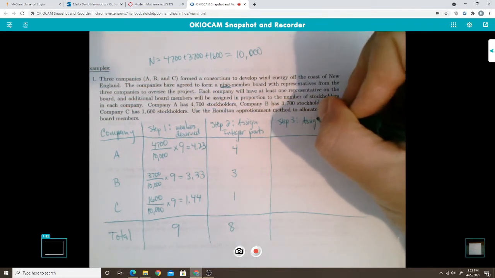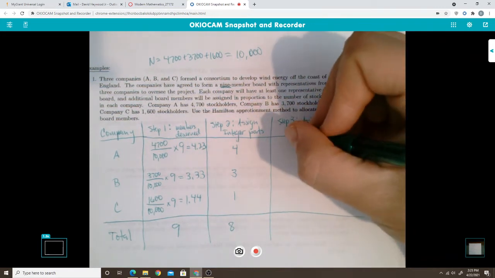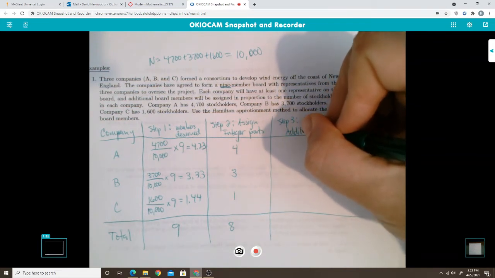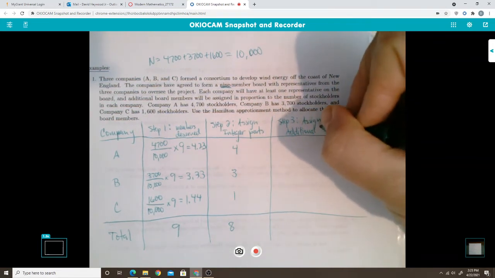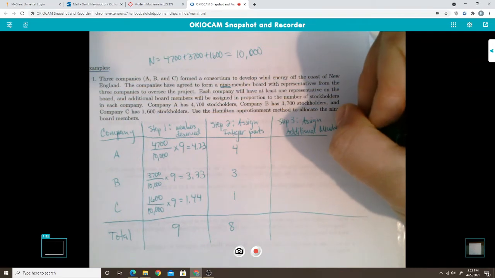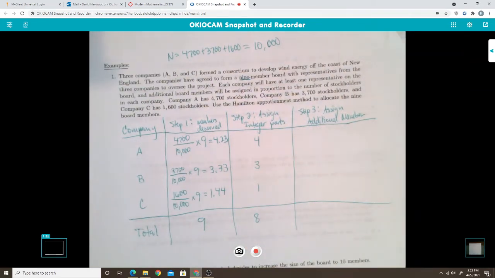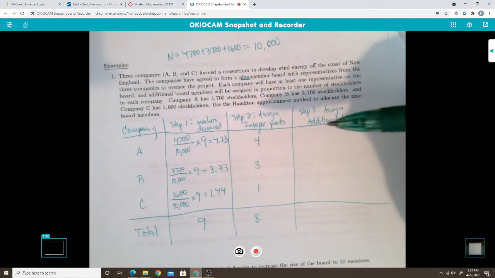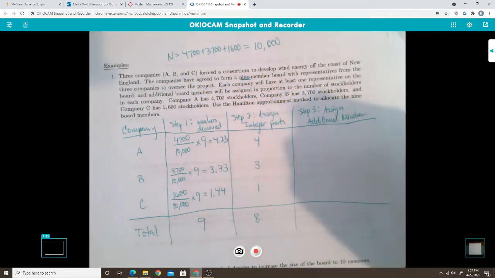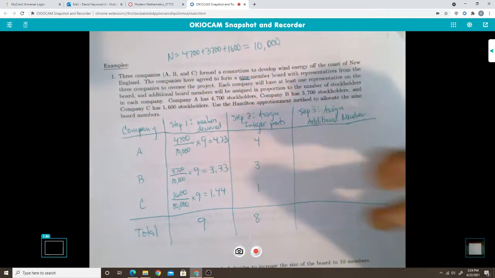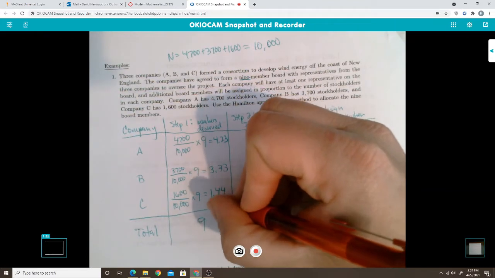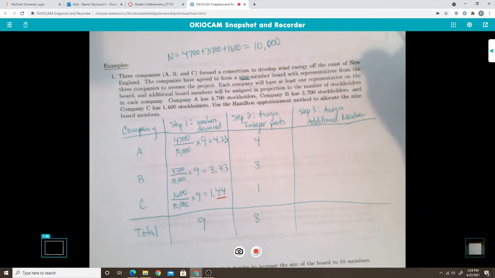Assign additional member. And the question is, which of these companies deserves the extra representation? Well, obviously it would be the one that has the largest decimal part, right? And so that would be company C. Company C has the largest decimal part, of 0.44.